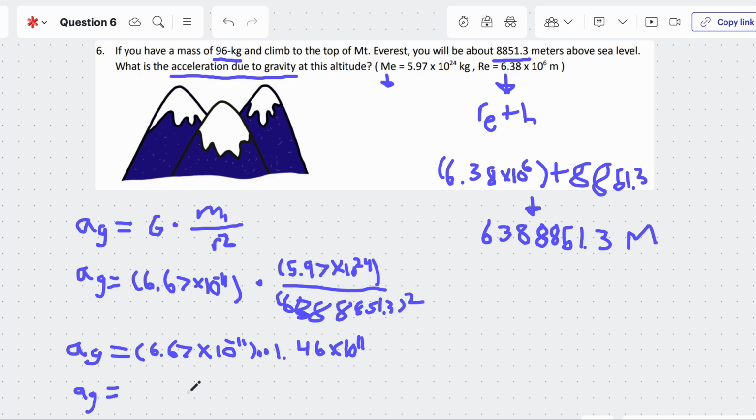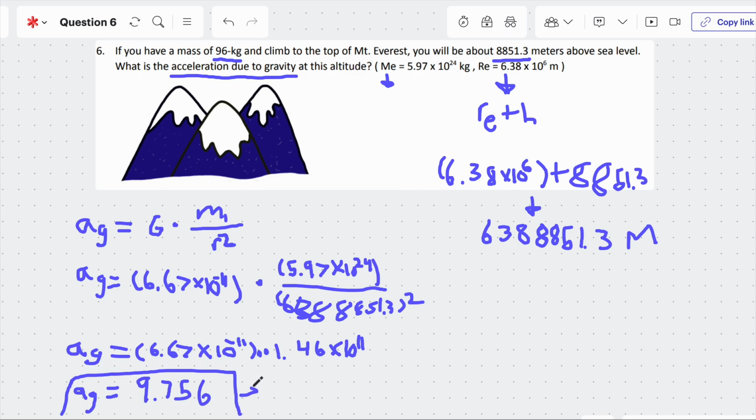So that answer times 6.67 times 10 to the negative 11th. Okay, awesome. There we go. That's a much more reasonable answer. So should hopefully get around 9.75. It should be like 9.7556. I'm going to round that up to 9.756. Awesome.